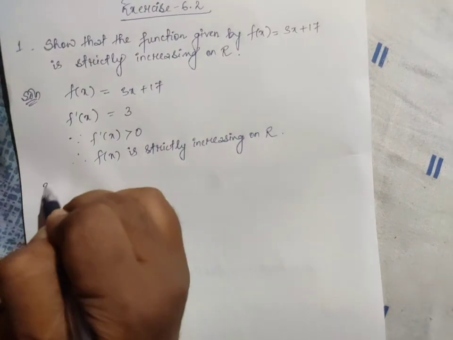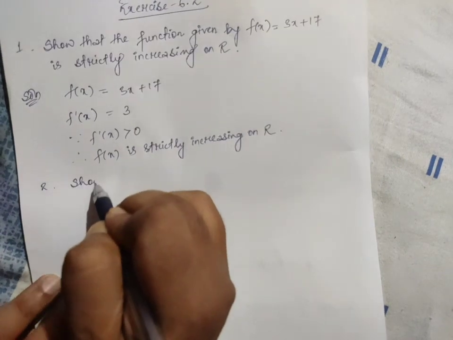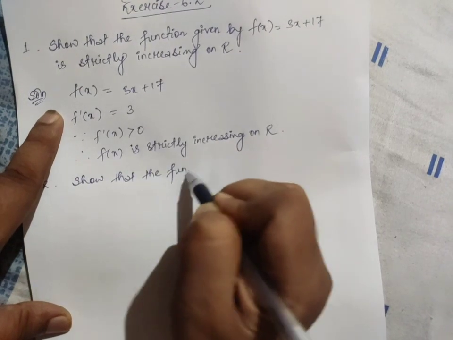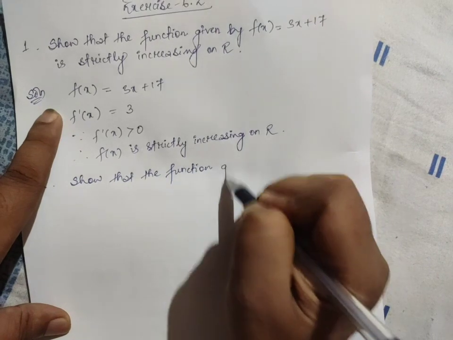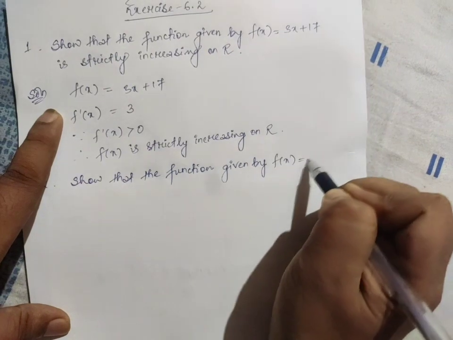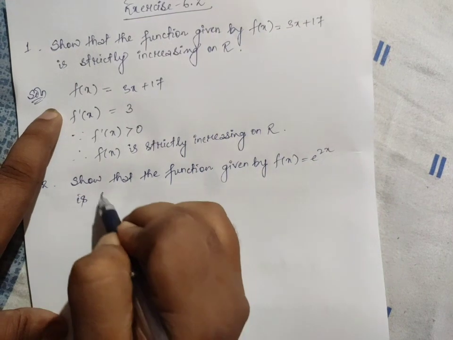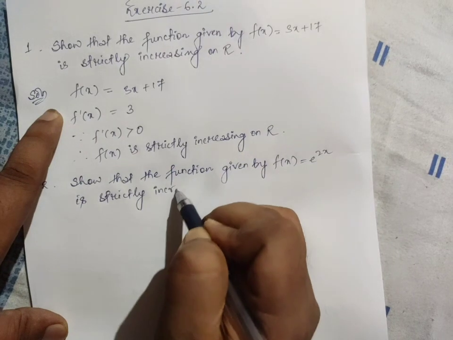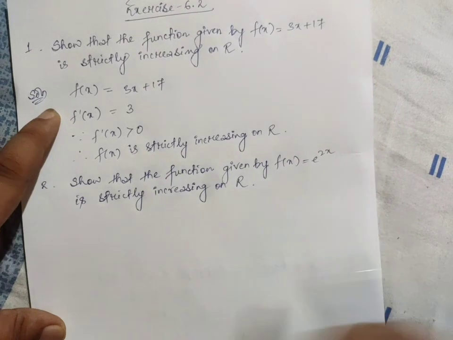Okay, let us do question number 2. So question number 2 is show that the function given by f of x equal to e to the power 2x is strictly increasing on R. R means real number.